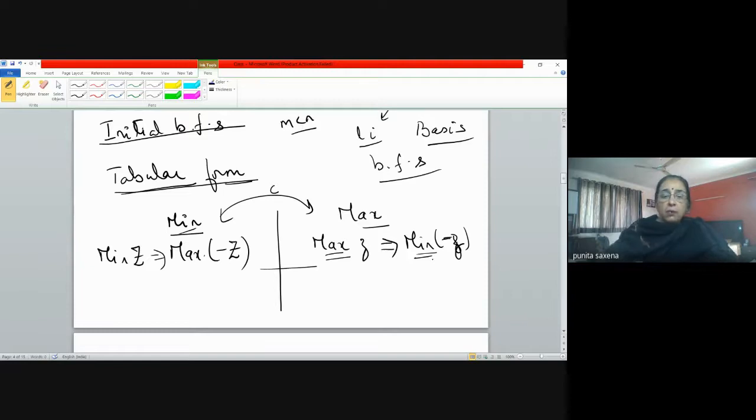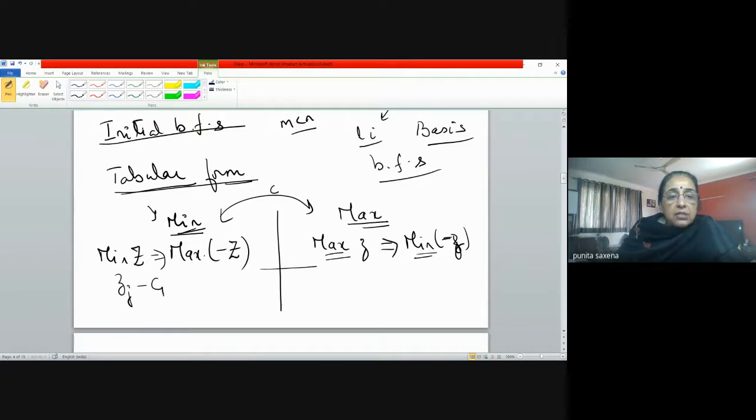Now, the question is how to interpret the optimality criteria if I have a minimization problem or a maximization problem. For minimization problems, what was the optimality criteria?